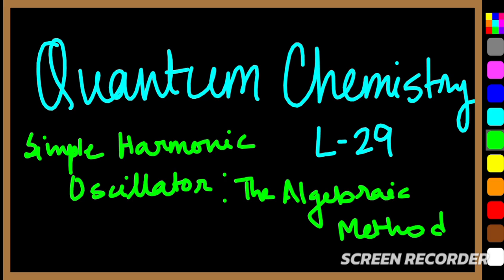Okay, so I already discussed some basic knowledge about this simple harmonic oscillator. But there must be some algebraic method, something beyond this concept, some calculation or algebra. Already I have said that physics, chemistry, and mathematics, the three science disciplines, are basically related to each other.